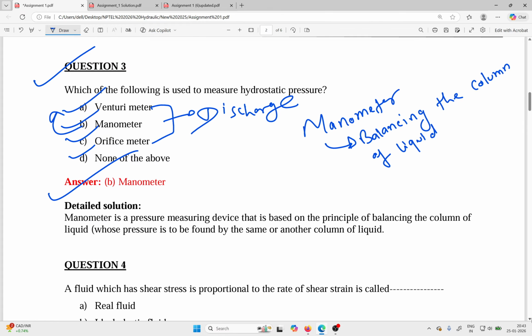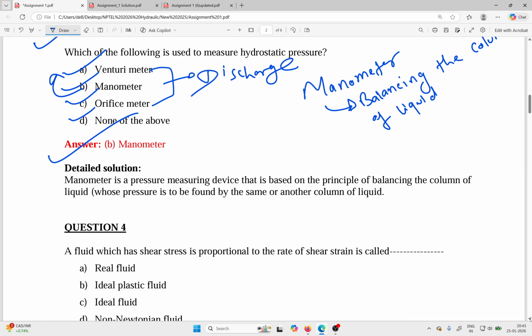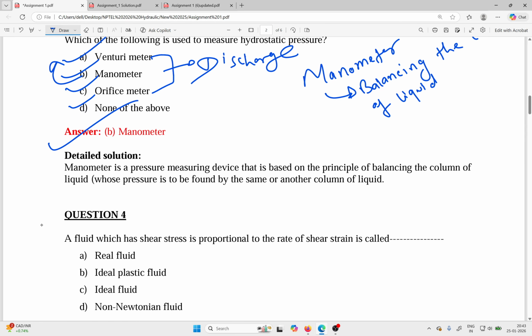Okay, next question, question number 4, very important. A fluid which has shear stress proportional to the rate of shear strain is called a real fluid, ideal fluid, ideal plastic fluid, or non-Newtonian fluid. Very important. Shear stress tau is proportional to shear strain.